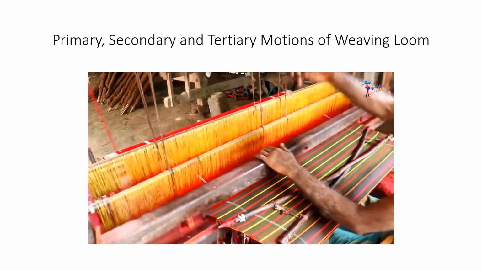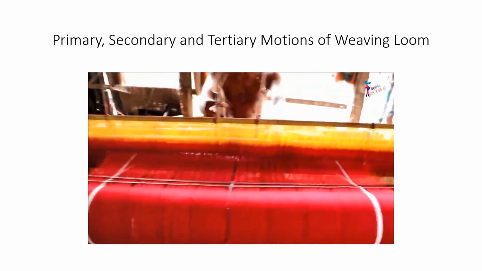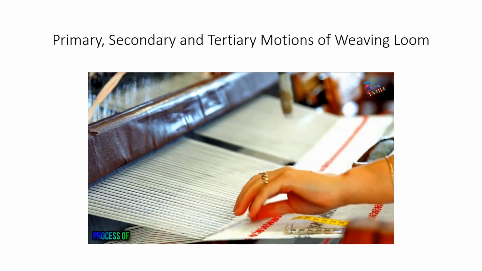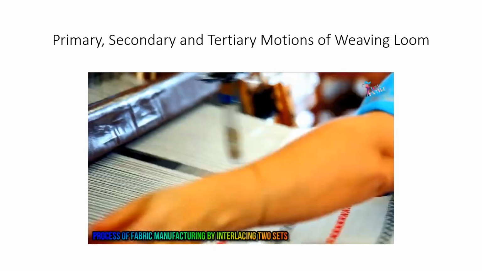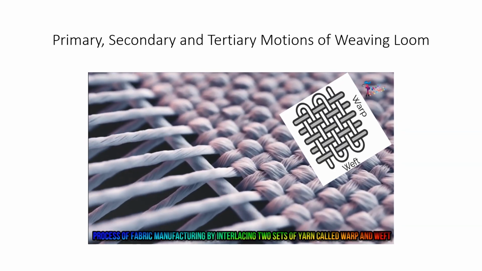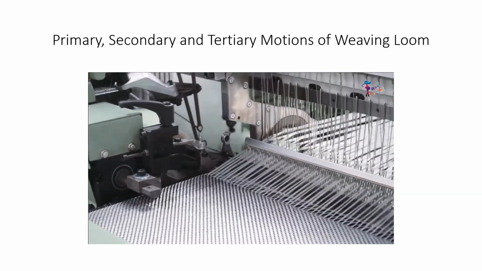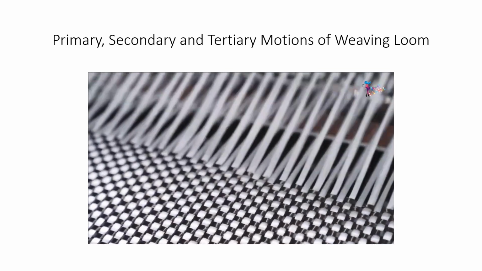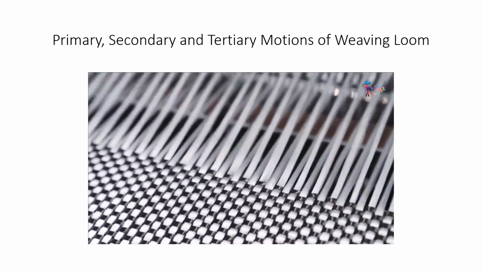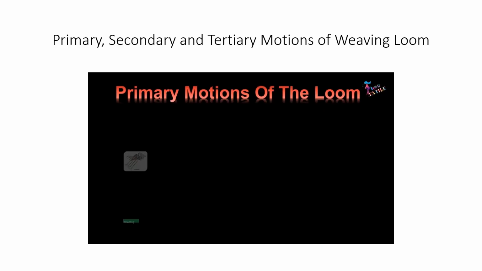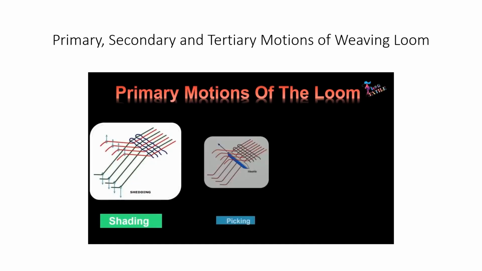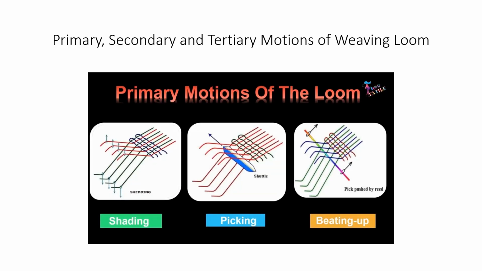Weaving, one of the oldest technologies practiced by humans, is the process of fabric manufacturing by interlacing two sets of yarn called warp and weft. Weaving can be summarized as a repetition of three actions, also called the primary motions of the loom: shedding, picking, and beating up or battening.